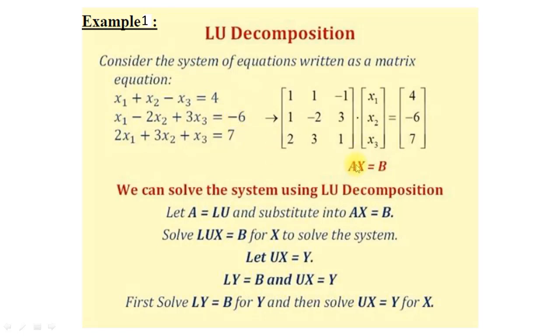Now decompose this square matrix A into two matrices, a lower triangular matrix and an upper triangular matrix, and then putting A = LU, we obtain LUX = B. Now using this matrix U, UX = Y, LY = B, and UX = Y. So in this procedure, first of all, solve for Y using the lower triangular matrix, and you will obtain this lower triangular matrix in the first step.